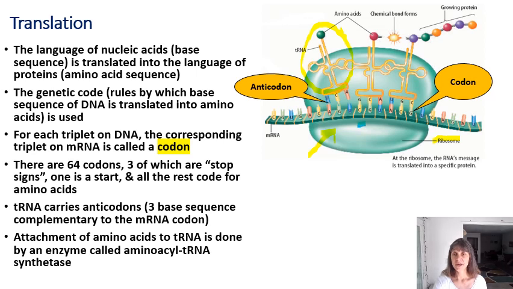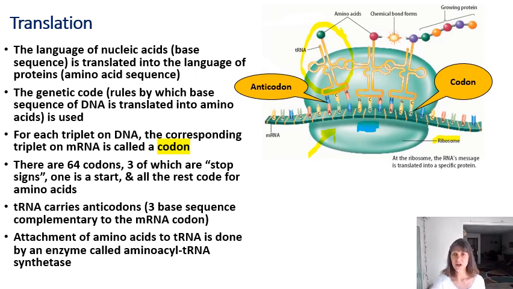Let's look at the very middle codon right here in the center. We'll notice that the codon on the messenger RNA is cytosine, guanine, uracil. The anticodon on the transfer RNA molecule has to have the complementary pairs for cytosine, guanine, and uracil.